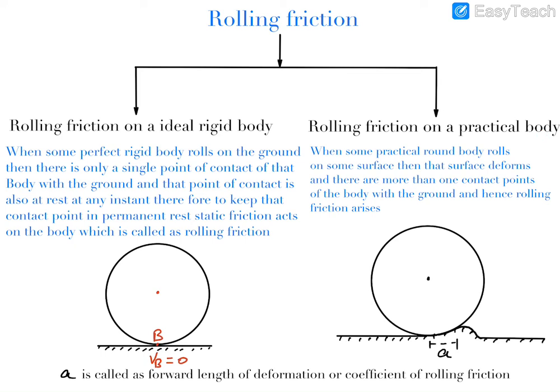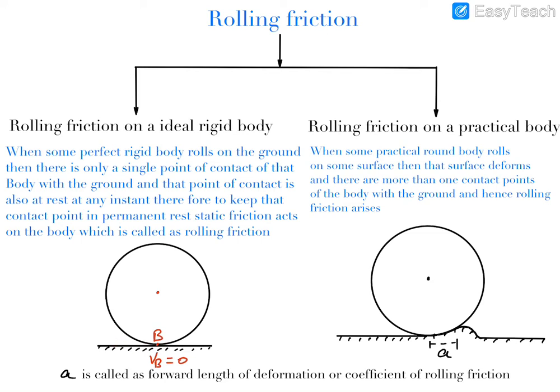When we talk about an ideal rigid body or a practical body, we can easily differentiate between them. For an ideal rigid round body, the point of contact of that body with the ground, which is also a perfectly flat surface, is only one.